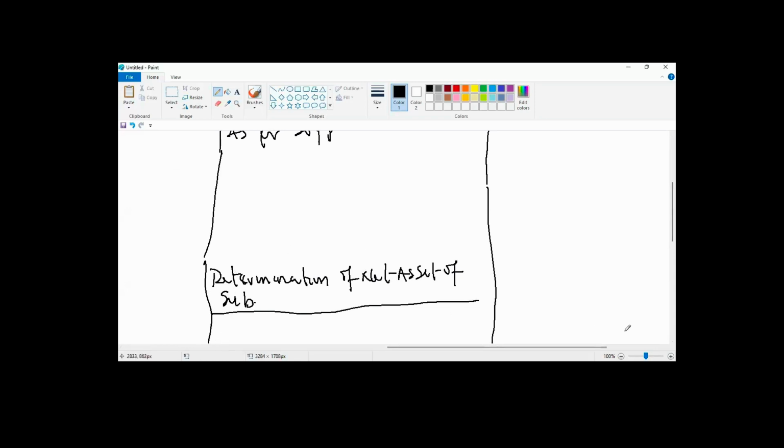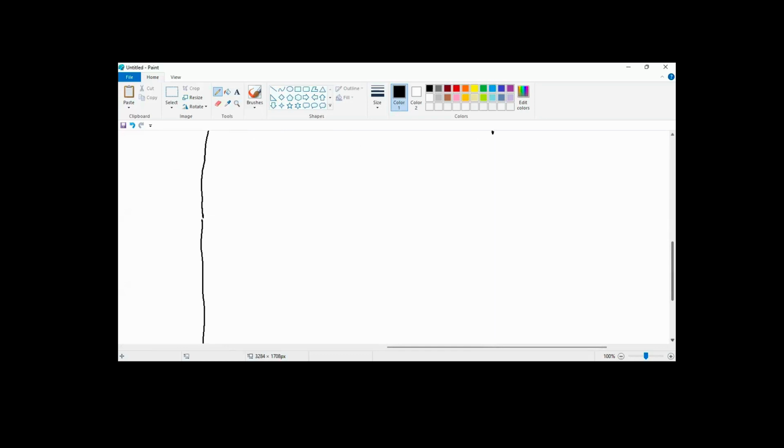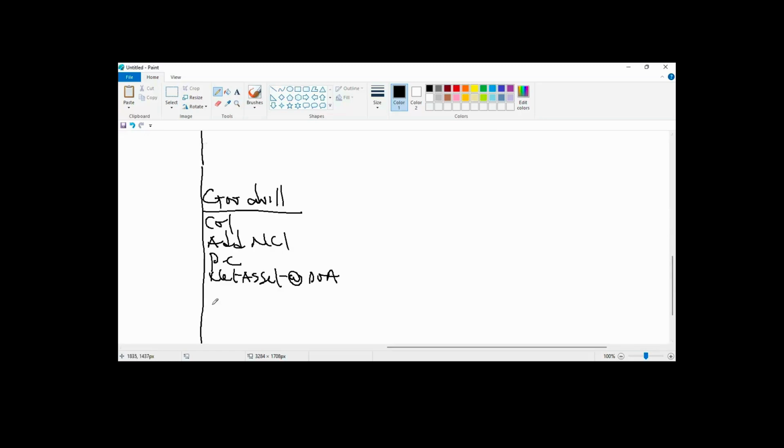Goodwill: cost of investment, add NCI, purchase consideration, less net assets at the date of acquisition. Then I have my goodwill.